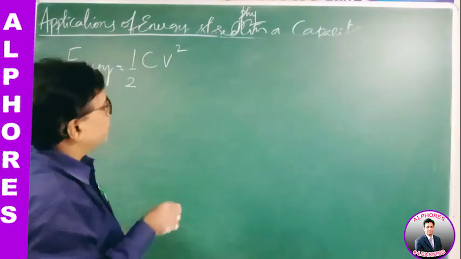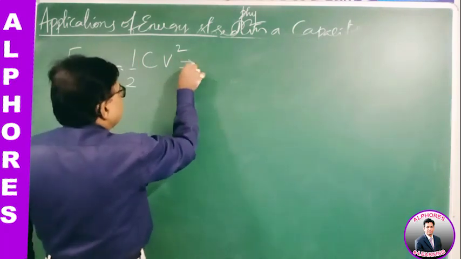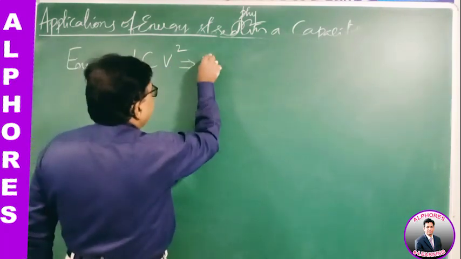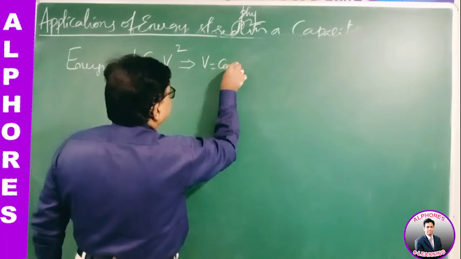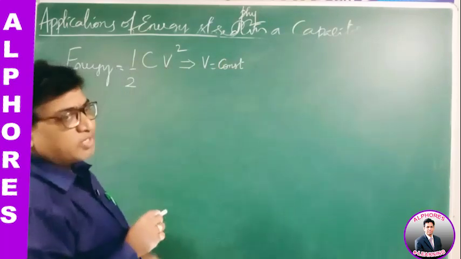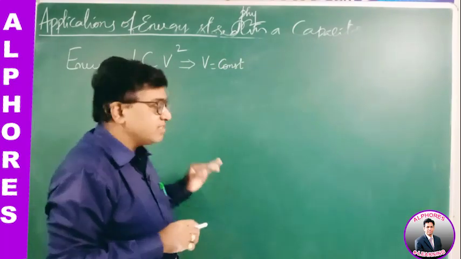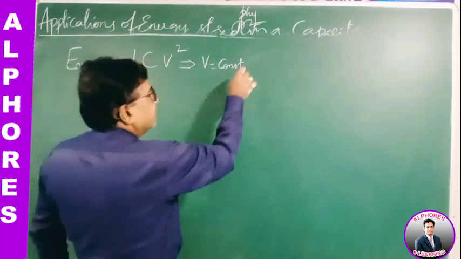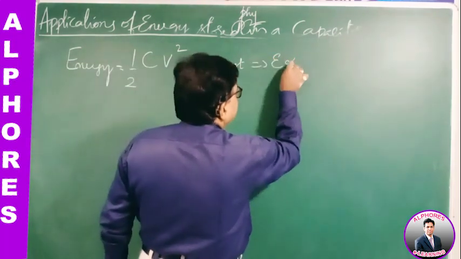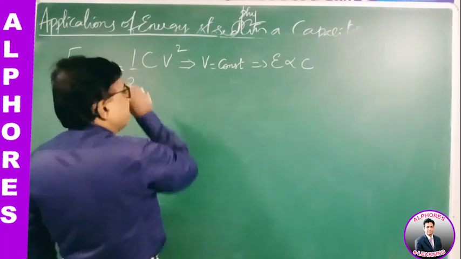From this formula you please understand, if V is constant, the electric potential is maintained constant, and half is again a constant, then you can write energy is directly proportional to C, the capacitance.